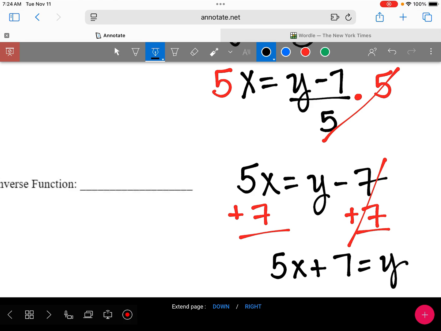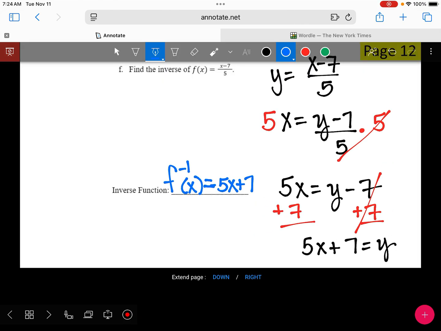So when I write that in inverse notation, it would be f inverse of x is 5x plus 7. So if you realize, the opposite actions are happening. When you look at the original, we were subtracting 7 and dividing by 5. The inverse, you're adding 7 and multiplying by 5.